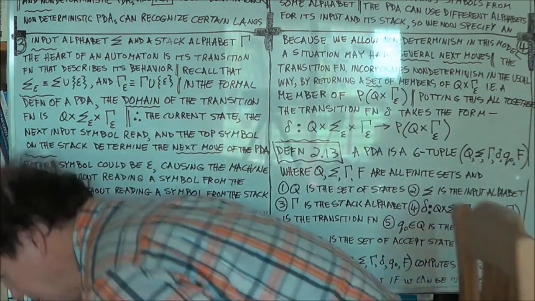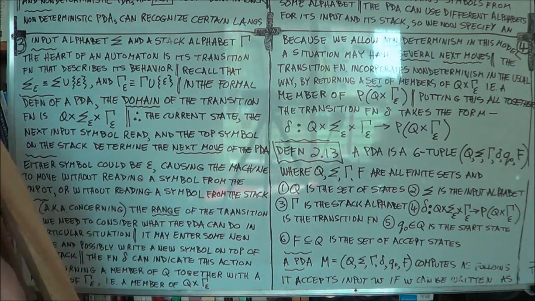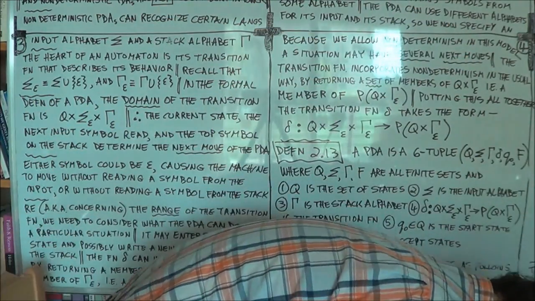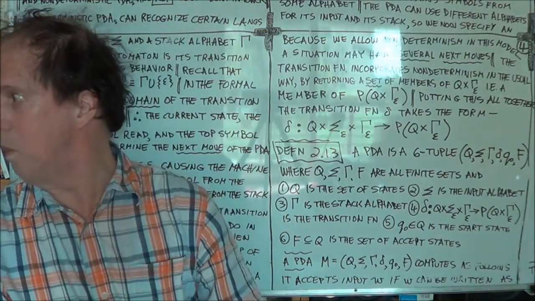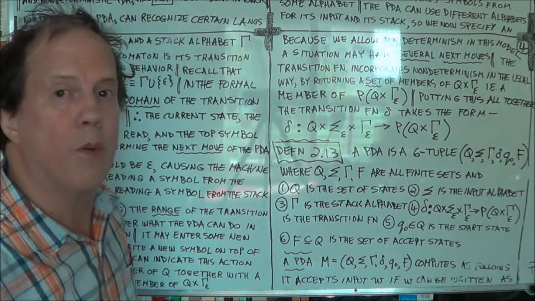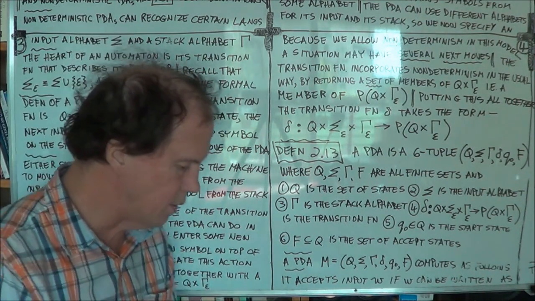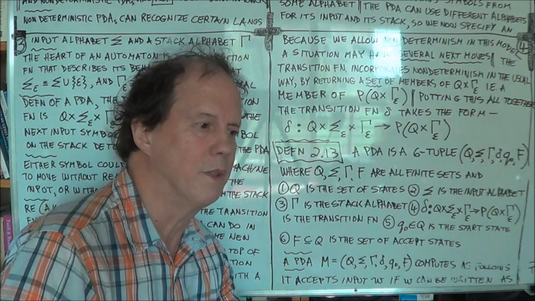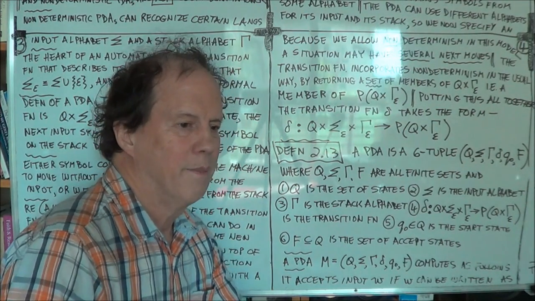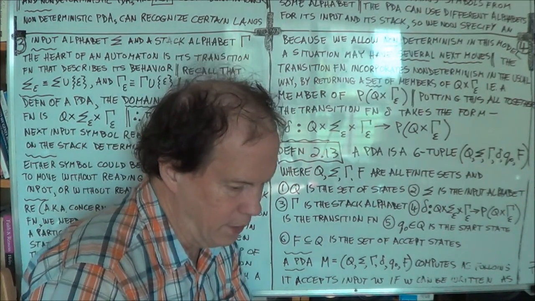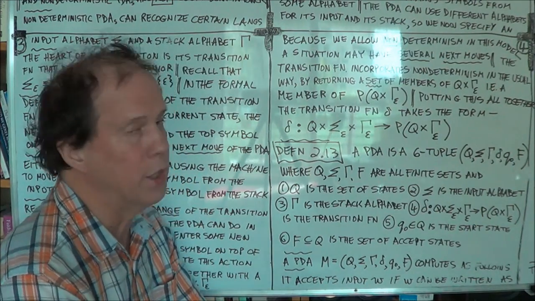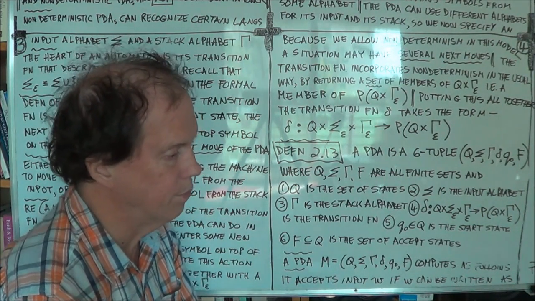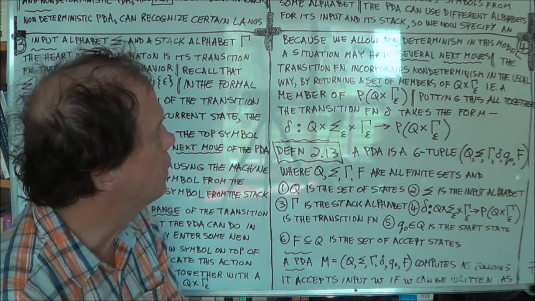Okay, so we're getting there. We've now done the formal definition of the transition function, which is the core, the main part of the definition of an automaton. It's the delta, the transition function part.